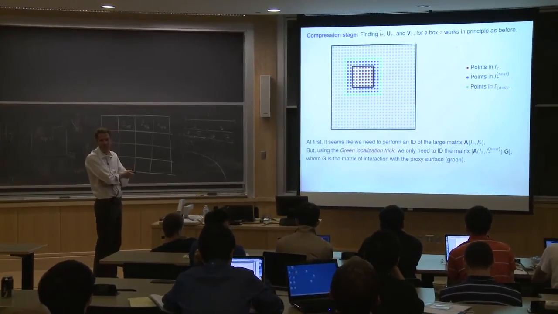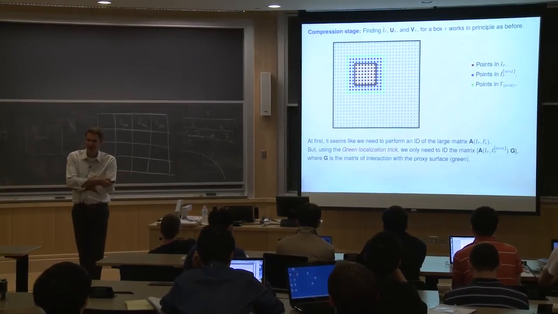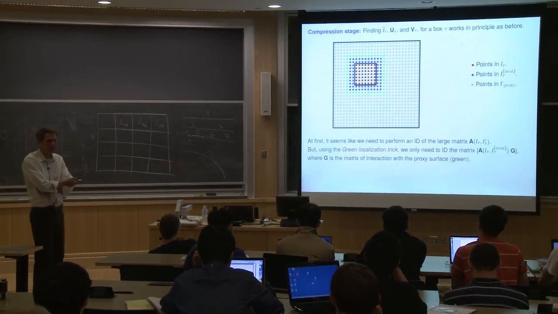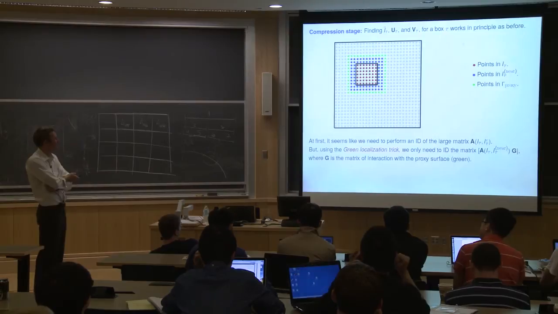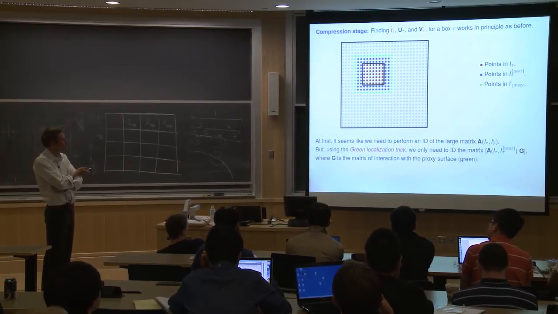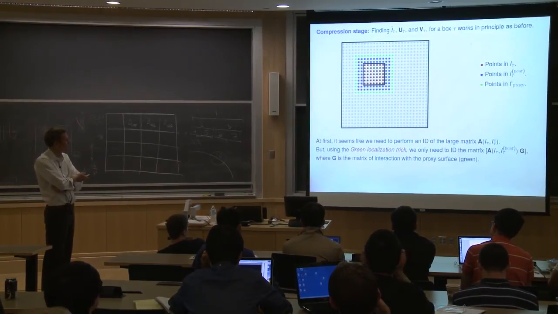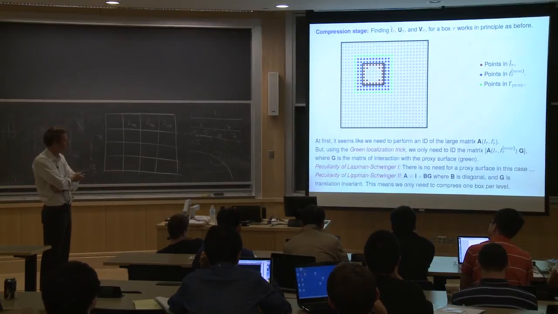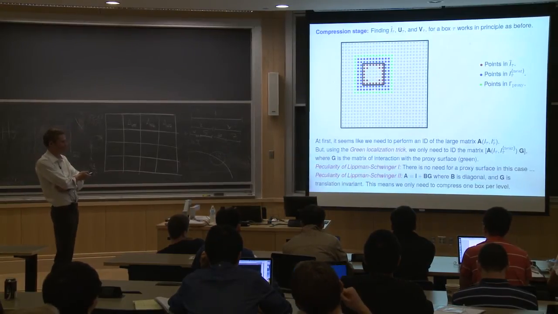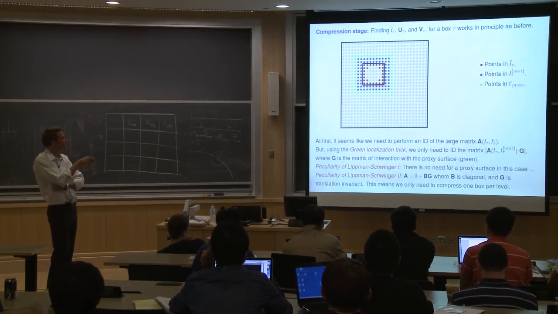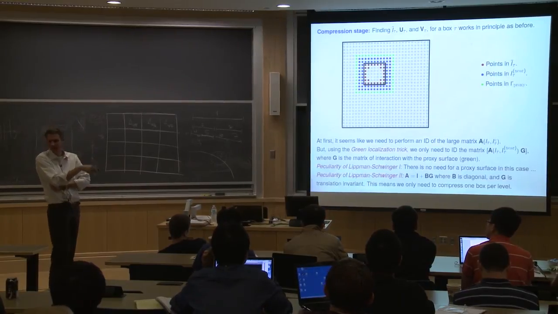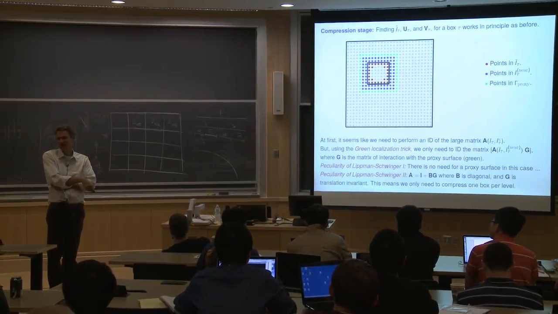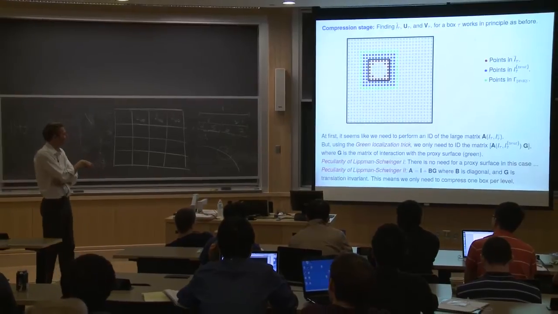And I'm sure you can guess what this would look like. You put a proxy set of points that replace all far-field interactions. And then we only need to compress a small matrix inside. Now, as it happens, Lippmann-Schwinger is a little bit special. So you actually don't even need the proxy sources. The blue points in that case will necessarily serve as proxy points.